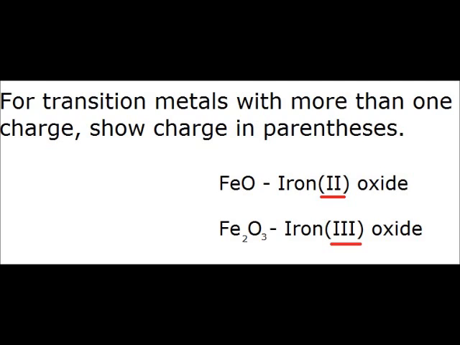Maybe you have seen this sometimes when you're reading a chemical name. In parentheses, you see some Roman numerals. Those Roman numerals refer to the charge associated with that ion, because a lot of these transition metals can take on more than one charge. So it might be a +2, a +3, etc.